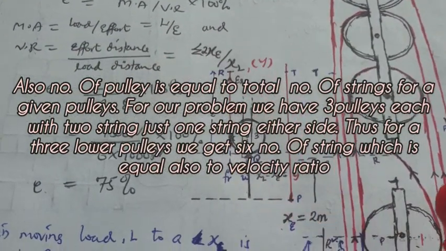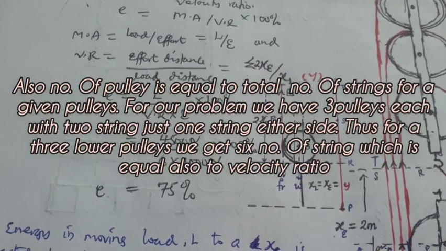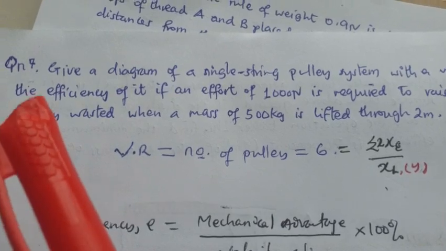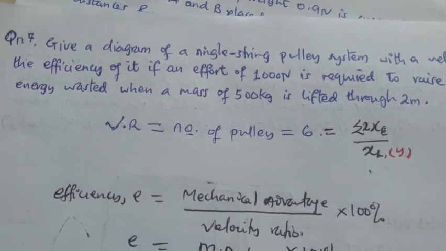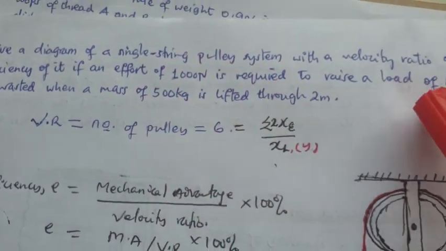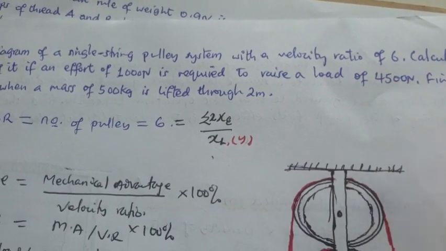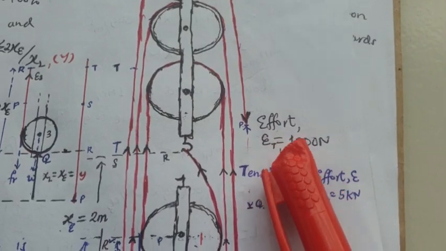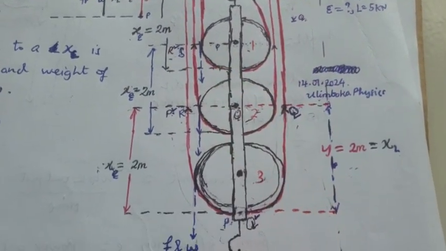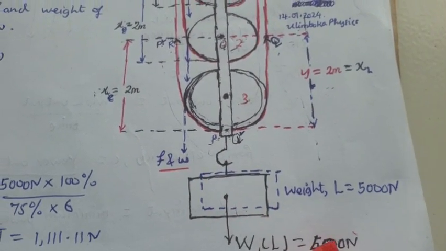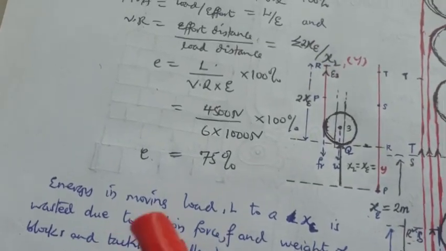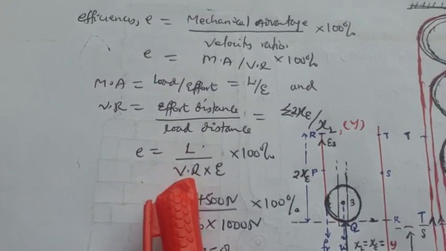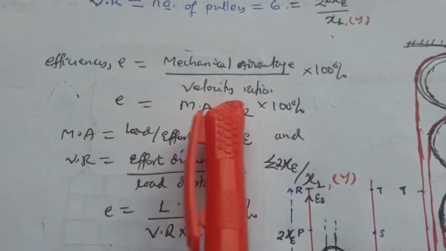Okay, let us see how we can find the other part. We are asked to find the efficiency of this pulley if we are given an effort of 1,000 newtons and a load of 4,500 newtons. Then the effort here is 1,000, and our load is 4,500 newtons. From the definition, the efficiency of a machine is equal to mechanical advantage divided by velocity ratio.